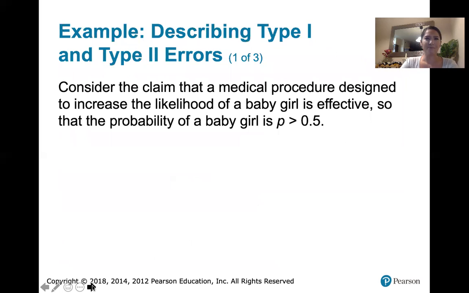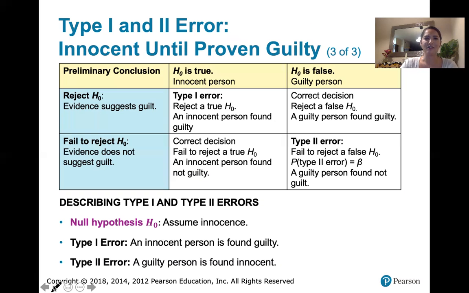Okay. So I hope that helps you a little bit make sense of type 1 and type 2 error. Think about that some more. And remember, our null hypothesis here is that we're assuming that that person is innocent. And then we're saying, okay, does evidence suggest that they're guilty or not? If evidence suggests that they're guilty, we're rejecting the idea of innocence.